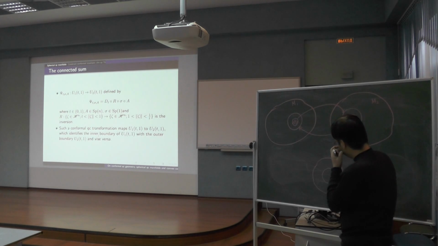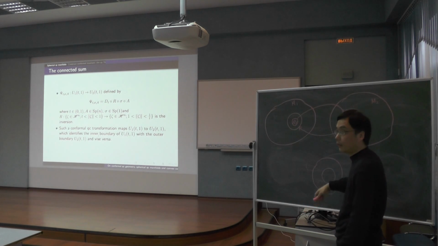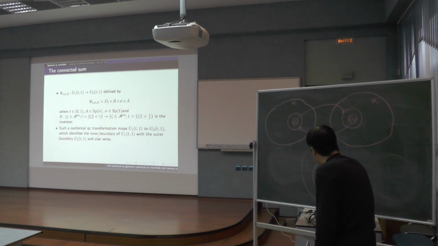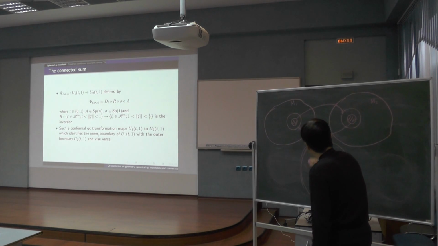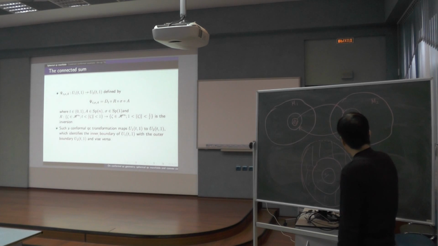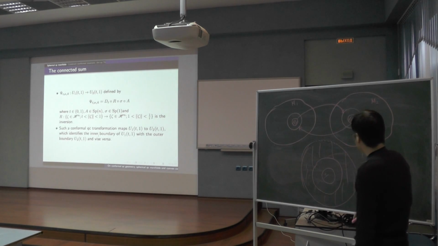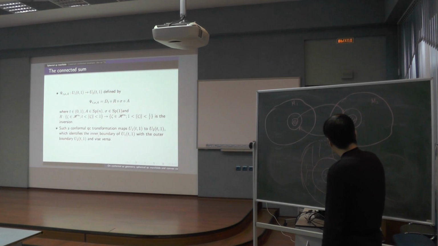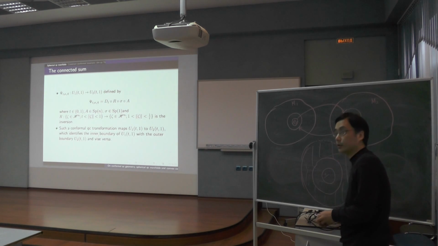This annulus, we take a reflection, it becomes this one. The radius here is t, and after reflection it becomes 1 over t, and then we take a dilation to the original radius.